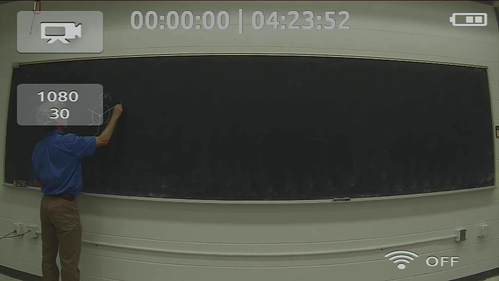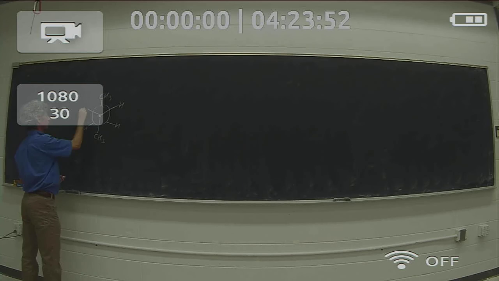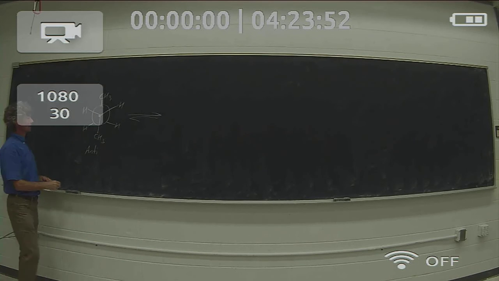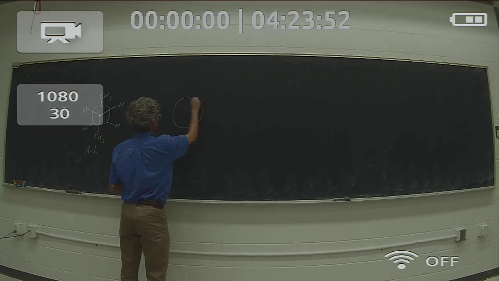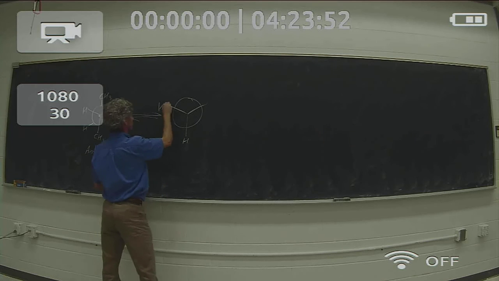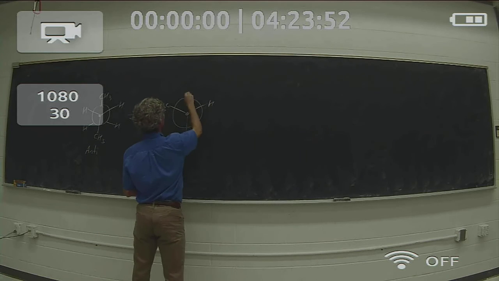So here's my most stable conformer, my anti-conformer. And then if I rotate 120 degrees, I'll go to a gauche conformer. It has the CH3 in the front carbon over on the left.